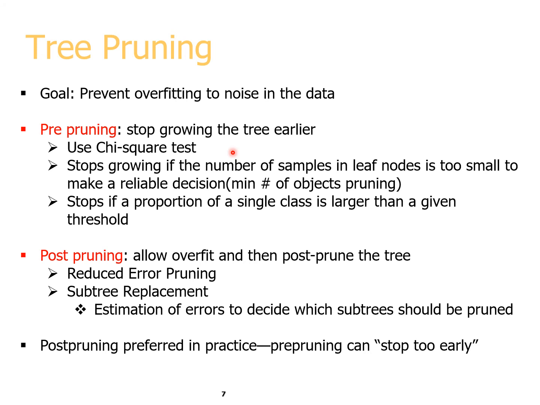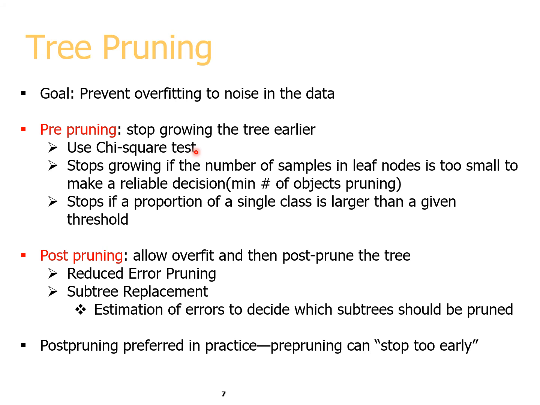There are a couple of conditions listed here. The first condition is, before you add an attribute to the tree, you run a chi-square test. A chi-square test is a very famous statistical test which tests whether two variables are independent of each other.